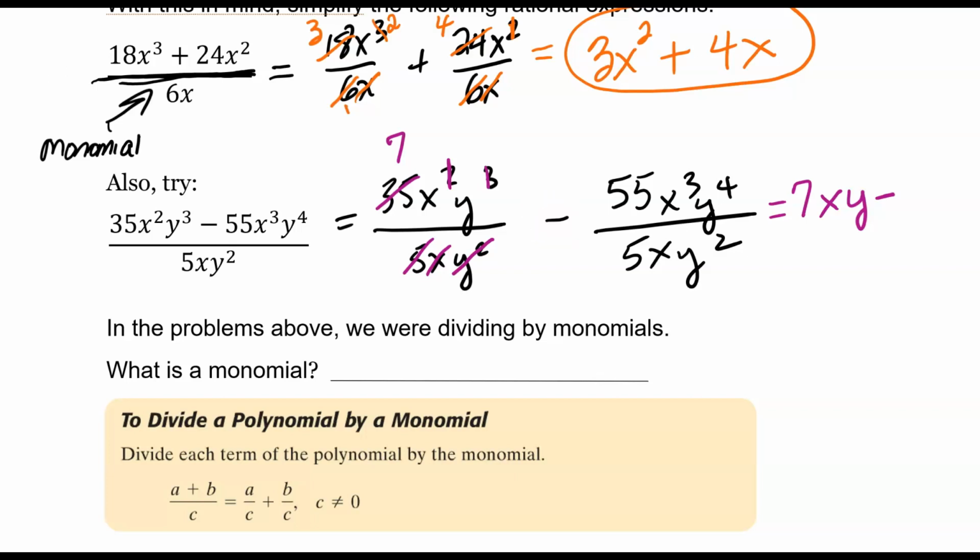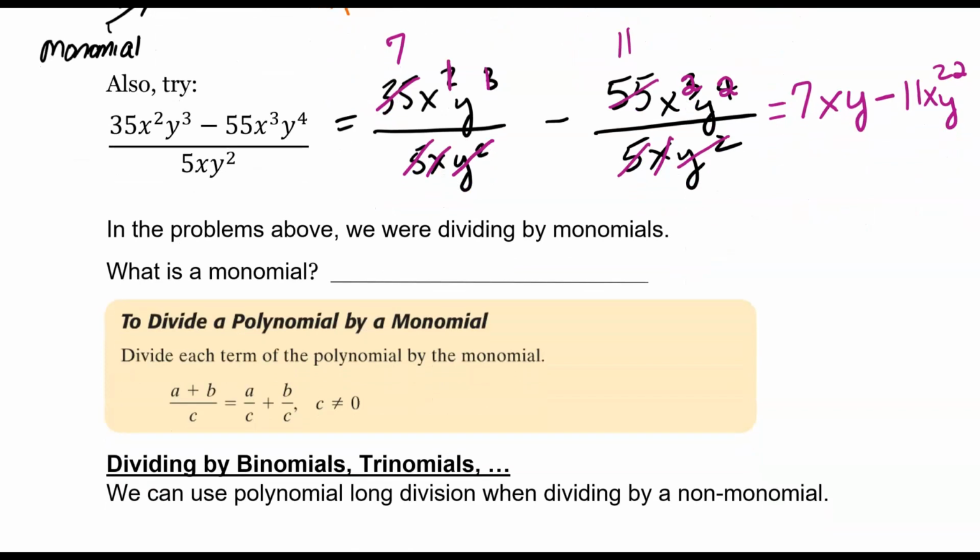And now let's simplify the second fraction. 5 goes into 55 11 times. We could take away 1x from top and bottom, so that's 11x squared. And we take out y squared from top and bottom, leaving us with a y squared at the top. So our final answer is 7xy minus 11x squared y.